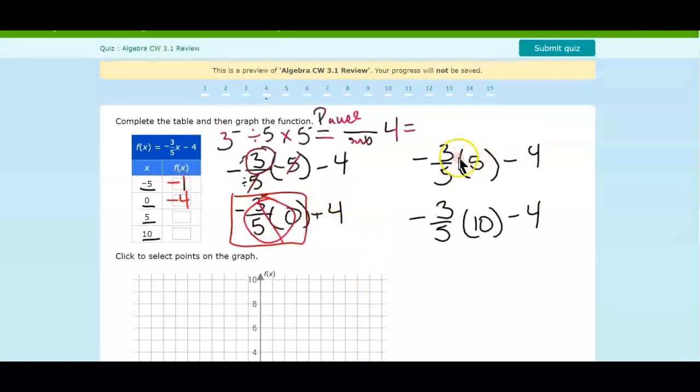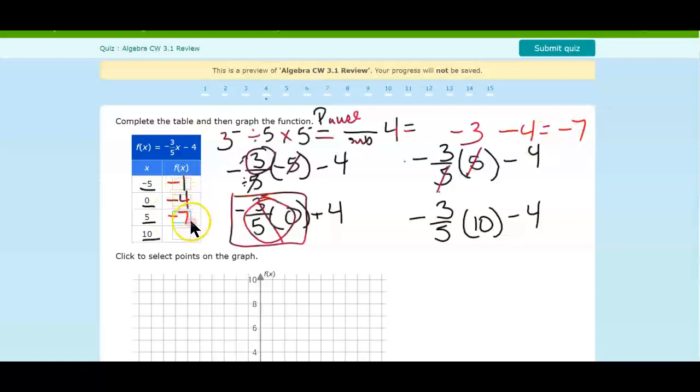Here, we have a 5 in the numerator and a 5 in the denominator. 5 divided by 5 is 1. 1 times negative 3 is negative 3. Negative 3 minus 4 is negative 7.